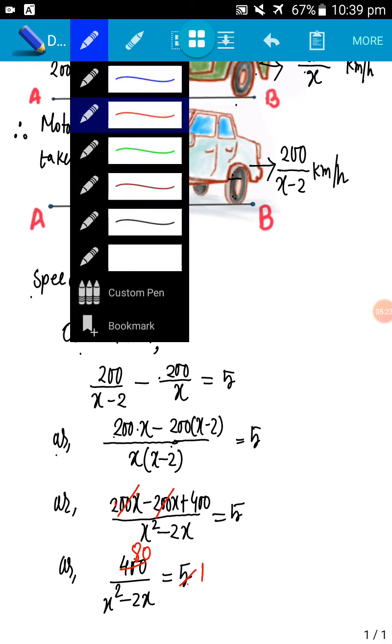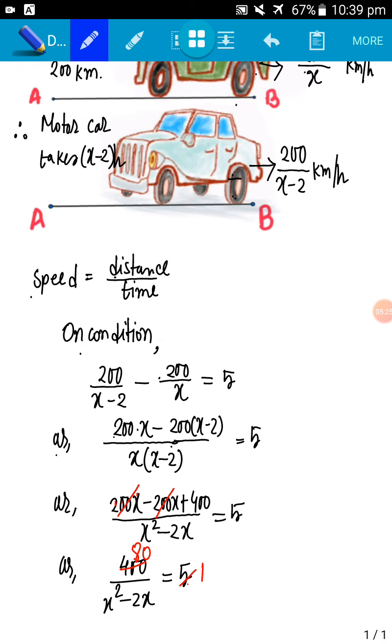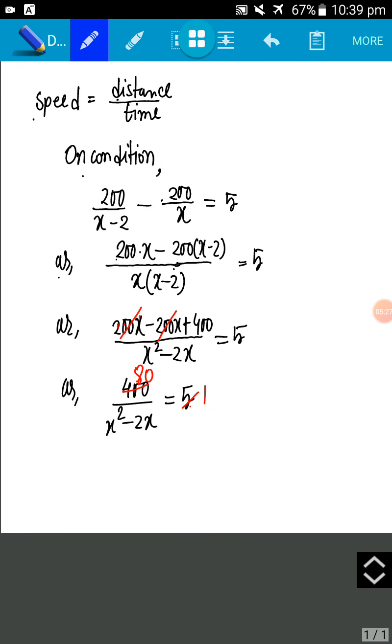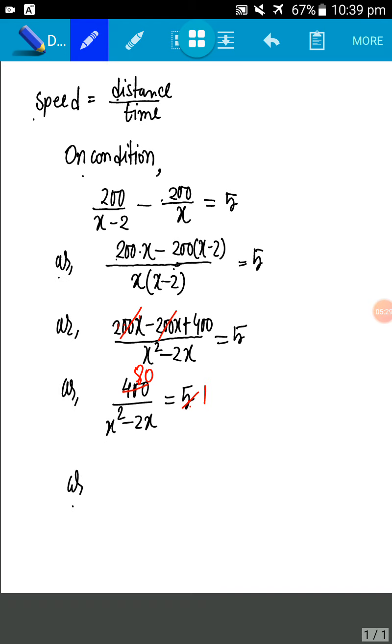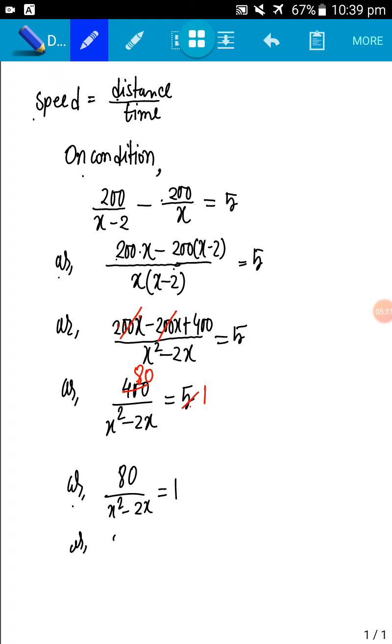So finally we get the equation 80 by x square minus 2x equals 1, or x square minus 2x equals 80. After that we get x square minus 2x minus 80 equals 0.